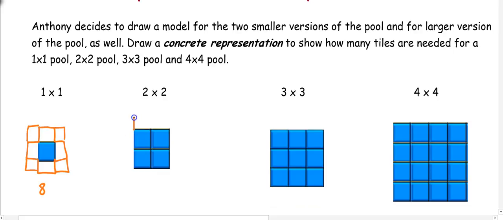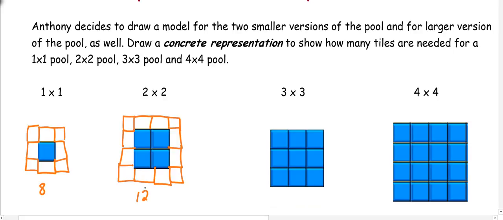For a 2x2 pool, we need 2 tiles on each side to cover the length of the pool. Plus, we need 4 more in the corners to complete our borders. If I were to count these tiles, 1, 2, 3, 4, 5, 6, 7, 8, 9, 10, 11, 12. This gives me 12 tiles.